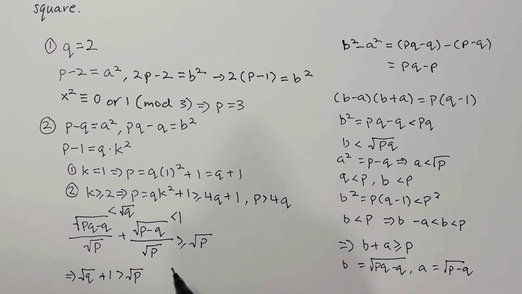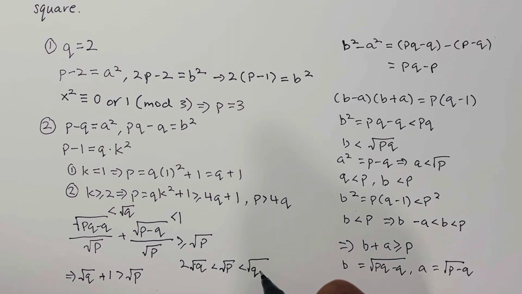Now remember path B, we assume that k is greater than or equal to 2, which forces p greater than 4q. This means that square root p is greater than square root 4q, which equals 2 square root q. So we can combine them to get 2 square root q less than square root p less than square root q plus 1, so 2 square root q is less than square root q plus 1.